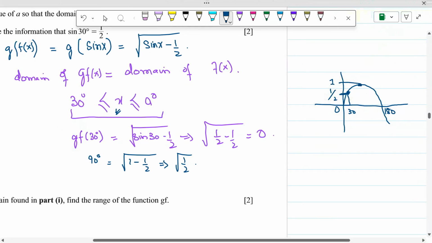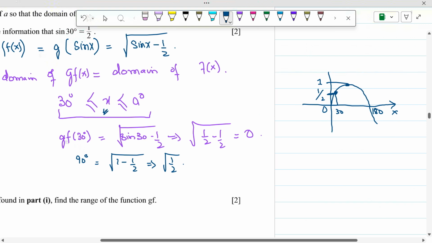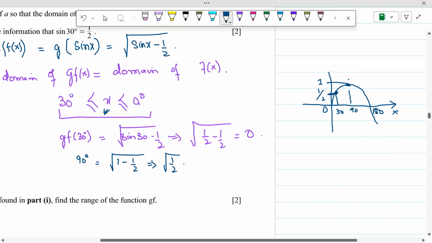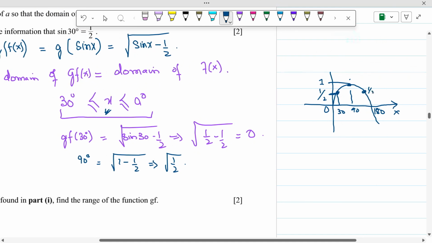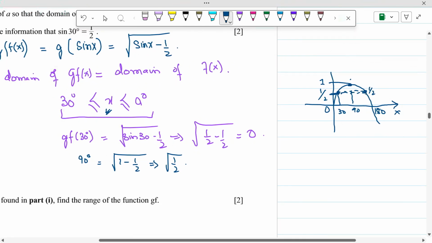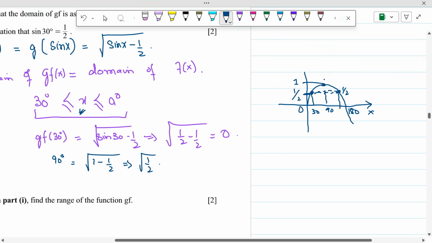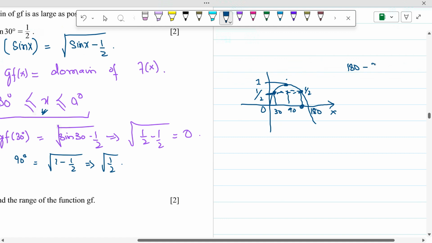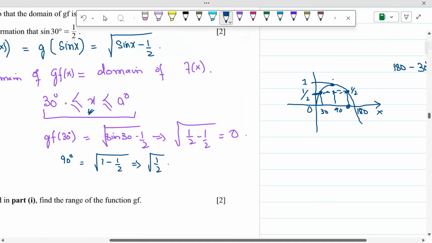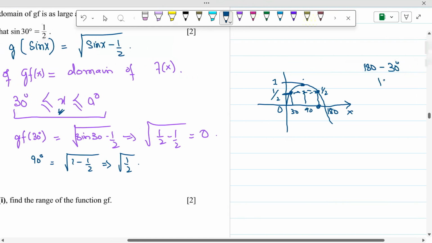Now after 90, when we further increase the value of x from 90 degrees, the sine of x will decrease and it will reach half again at some angle, and this angle is equal to 180 minus 30 degrees, because sine of 30 is the same as sine of 150, so this one is 150 degrees.